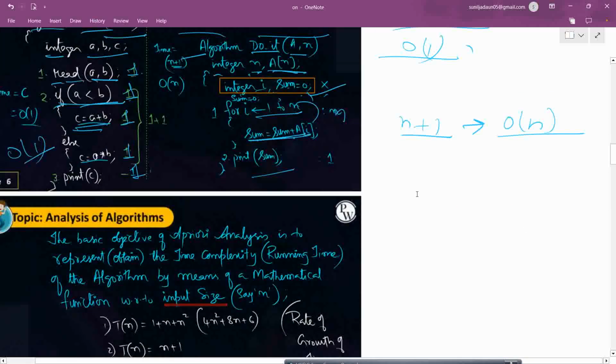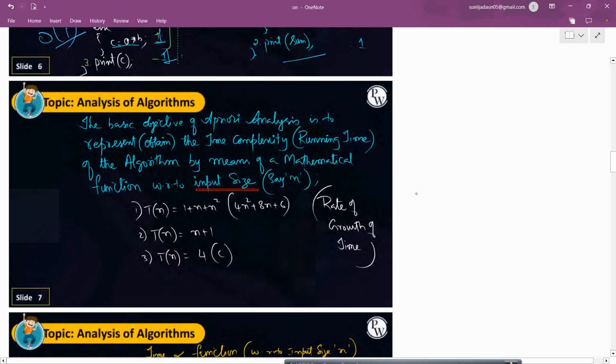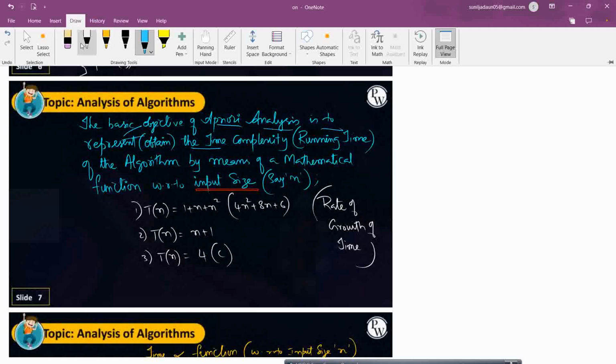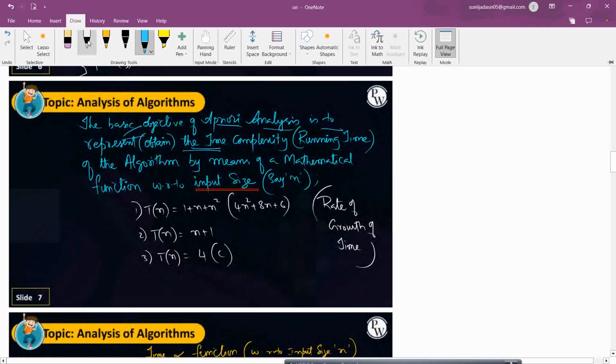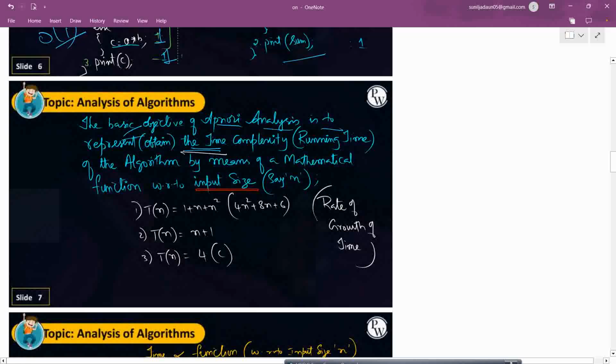So the basic objective of a priori analysis is to represent the time complexity, the running time of the algorithm, by means of a mathematical function with respect to input size.